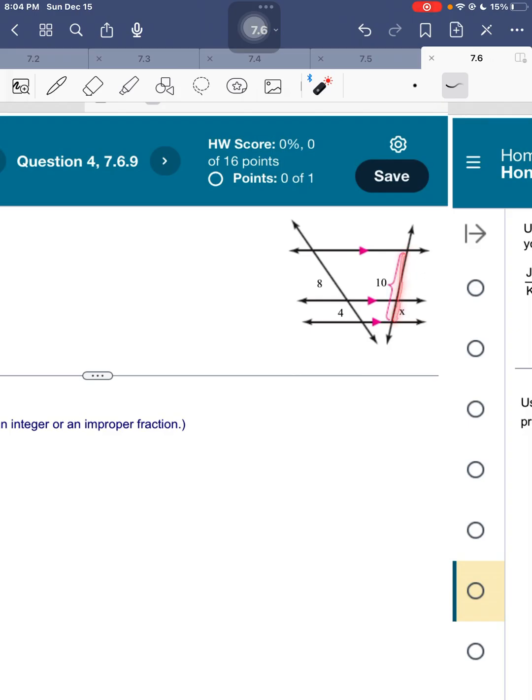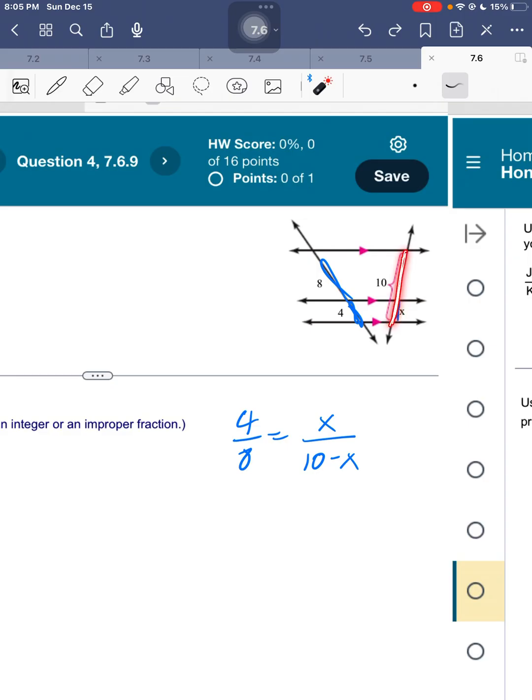Oh, I apologize. This is not 10. This is 10 minus x, right? So 4 to x is to 8 to 10 minus x. So let's write that. 4 to 8 is equal to x to 10 minus x.